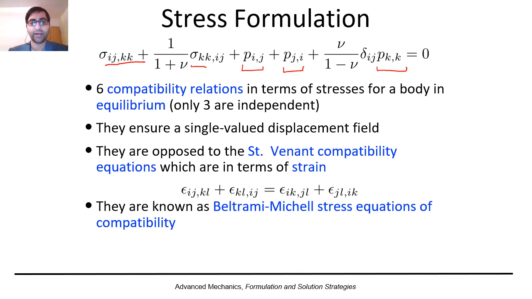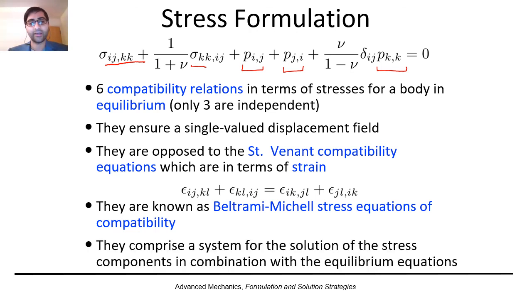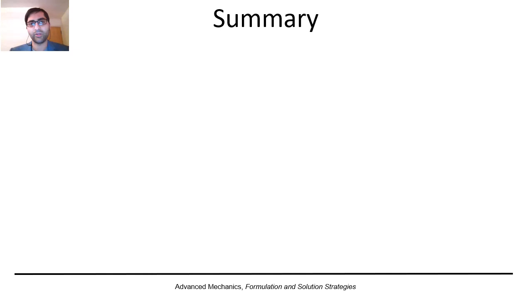And they're known as Beltrami-Michell stress equations of compatibility. They comprise a system for the solution of the stress components in combination with the equilibrium equations. But the drawback is they're not specifically easy to solve. So we don't talk about them much.